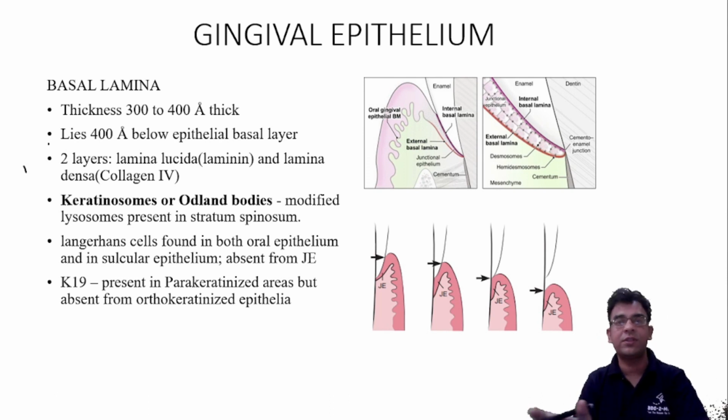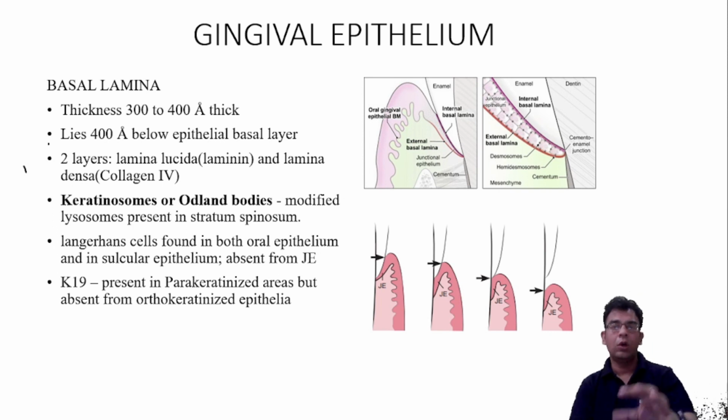K1 is present in orthokeratinized, nowhere else. Similarly, K19 present in parakeratinized, but nowhere else. 6 and 16, 5 and 14, 4 and 13, esophageal type keratins. 6 and 16, proliferation specific keratins. So all these you have to remember, and not just what I have put up here for you.